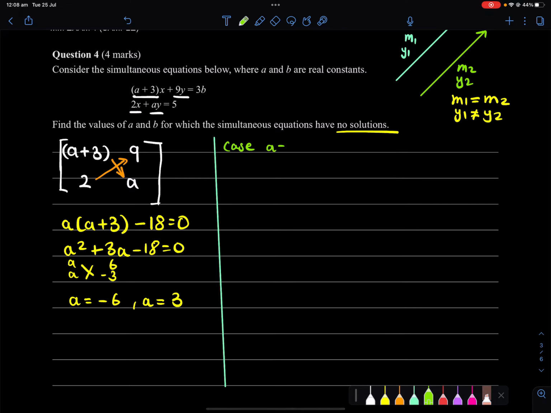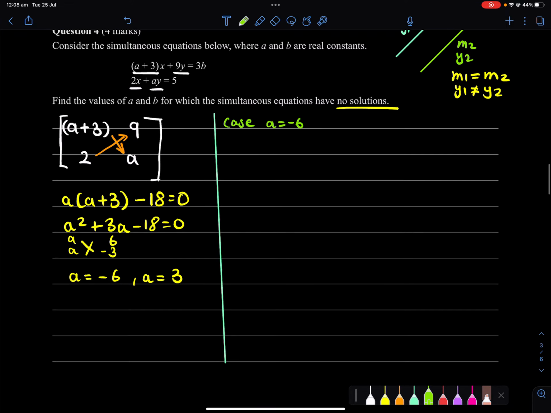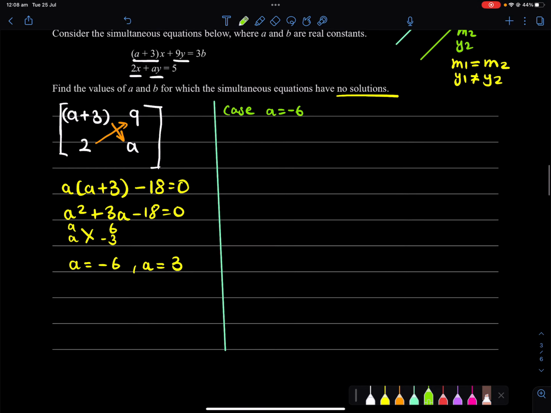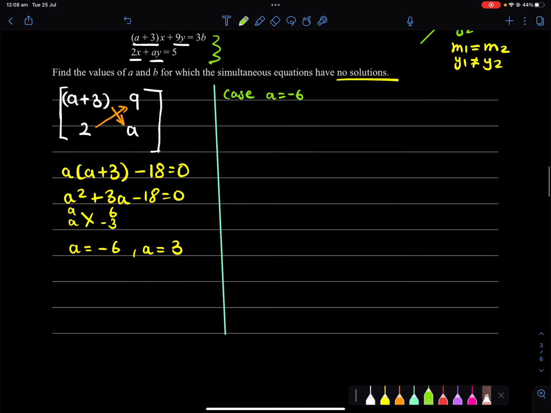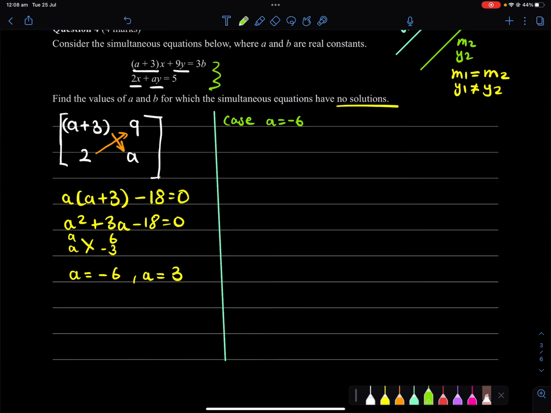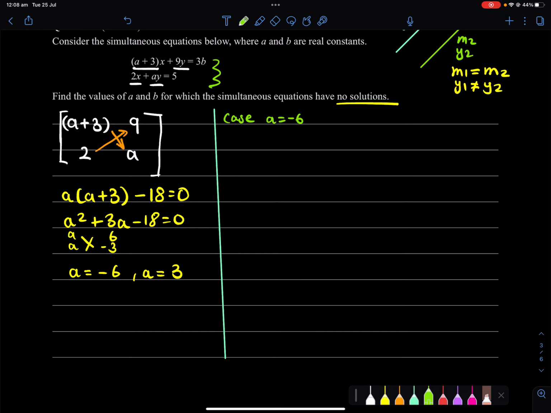a equals negative 6. All right, let's do that. So for a equals negative 6, we're going to sub it into these two equations over here. So let's do that. So let's sub into the first one. So this is 1, this is 2. We're saying that negative 6 plus 3x plus 9y equals 3b.